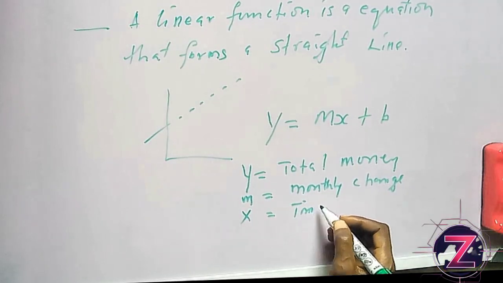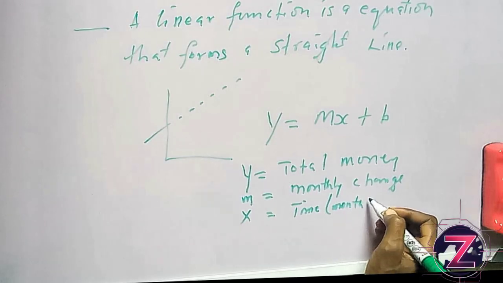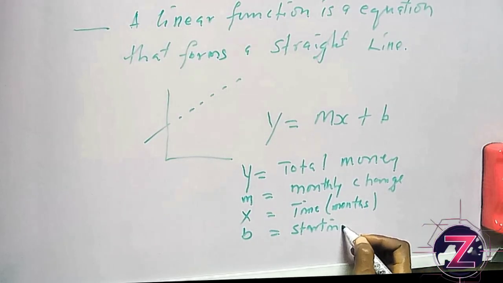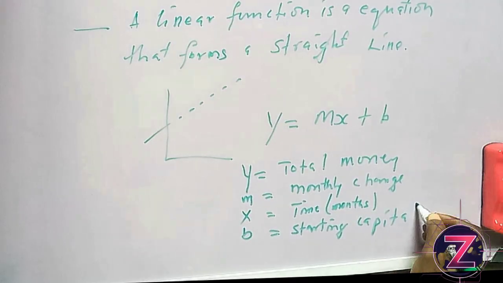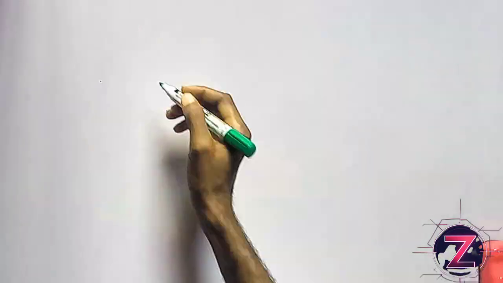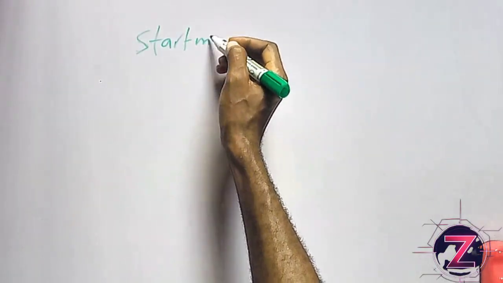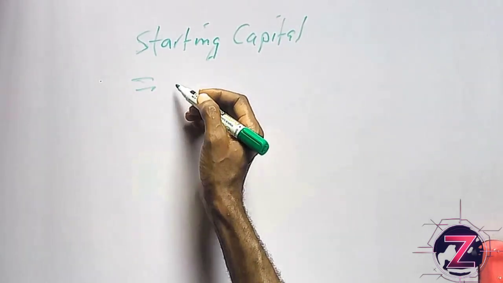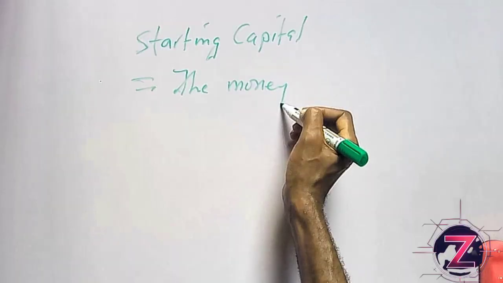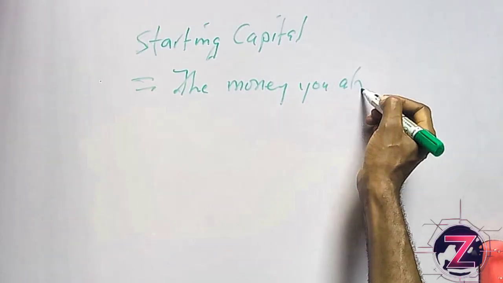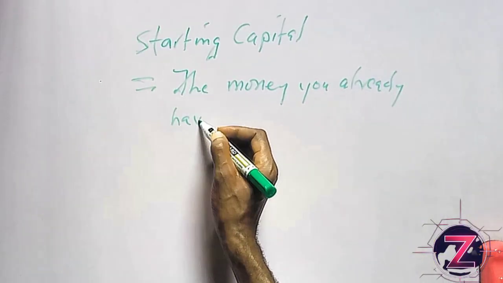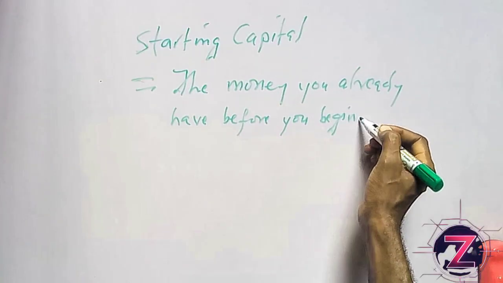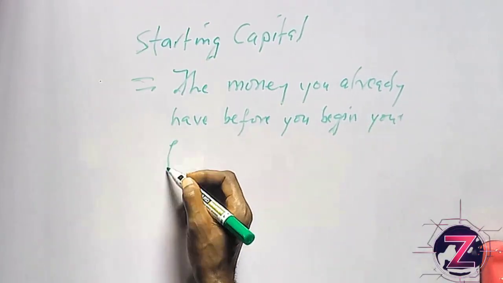X equal to time being counted in months. And then B, starting capital. Starting capital here implies the money you already have before you begin your financial journey.